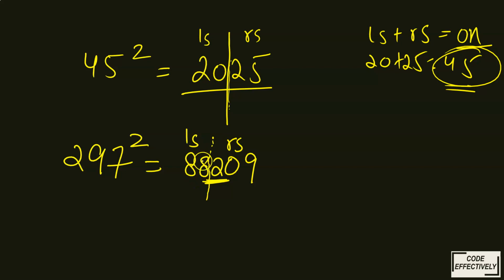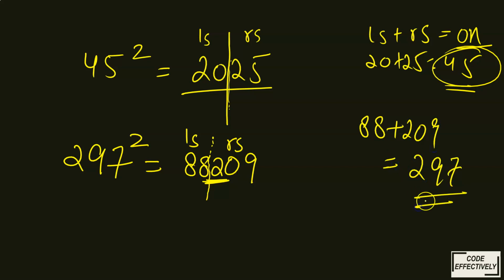Well, we don't, because for the programming community we give it to the RHS for easy programming. So when we take this, 88 plus 209 gives 297. So this is a Kaprekar number. These are the two examples of a Kaprekar number.